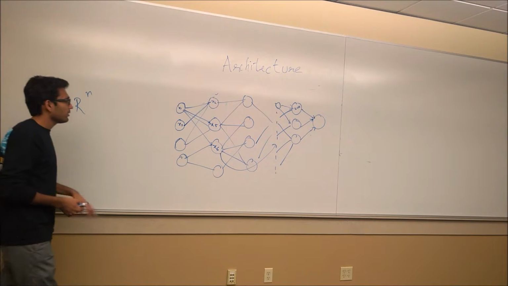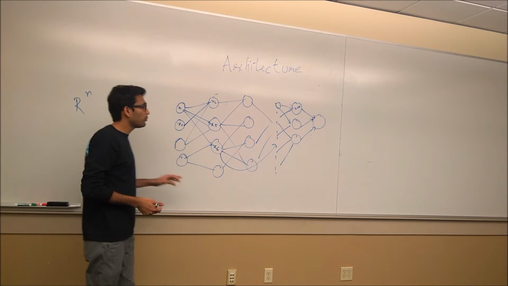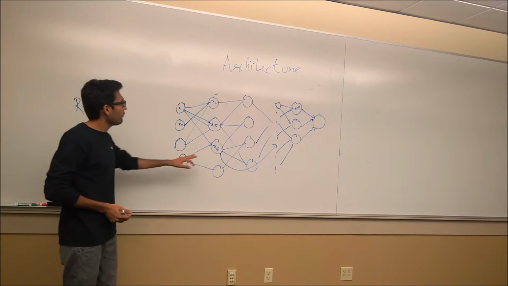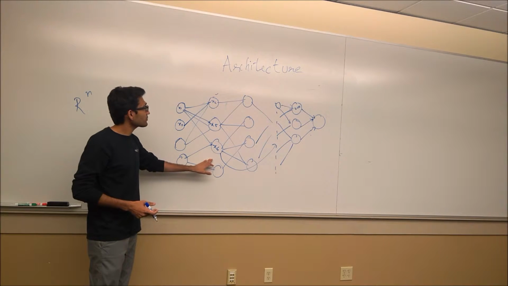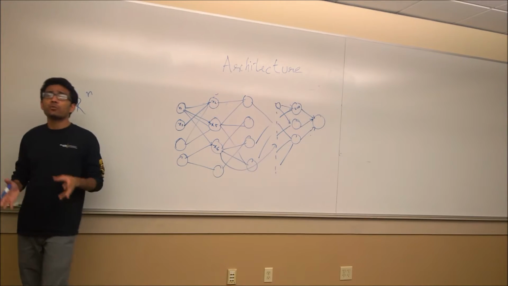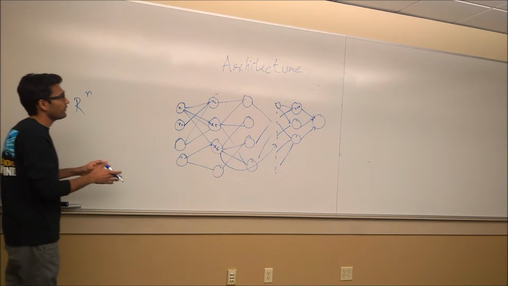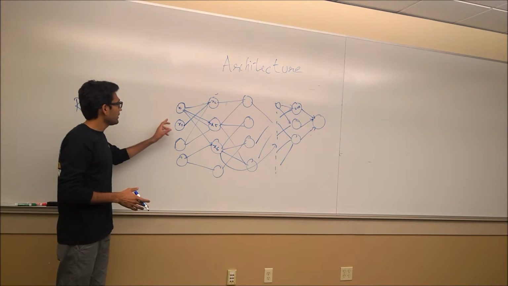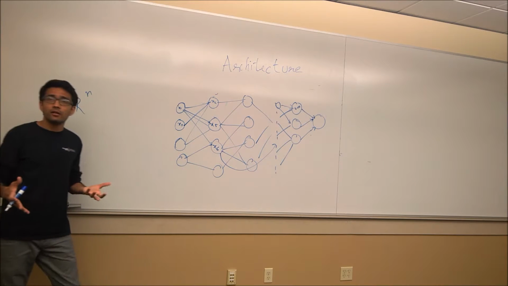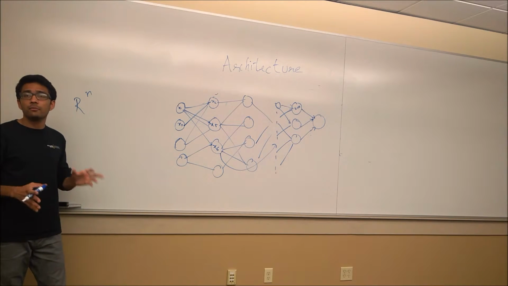Also, the theorem does not put any limit on the amount of hidden units I might need in that one hidden layer, right? And in fact, an exponential number of hidden units as compared to the inputs might be needed for me to be able to learn any particular function.